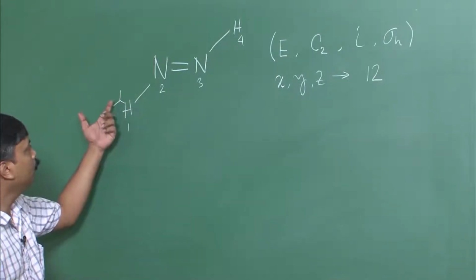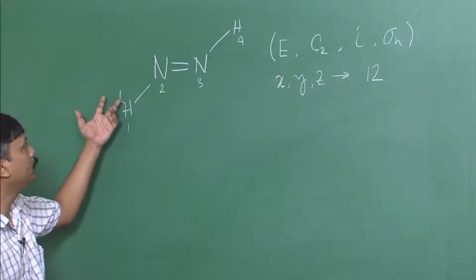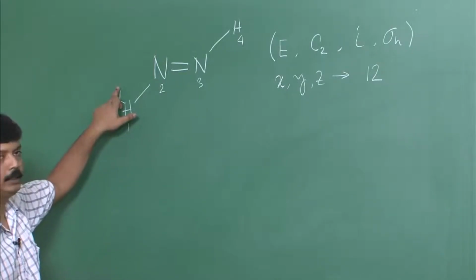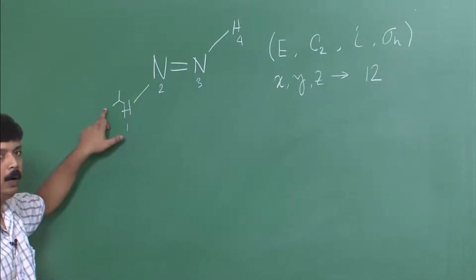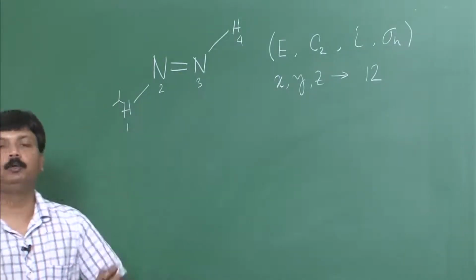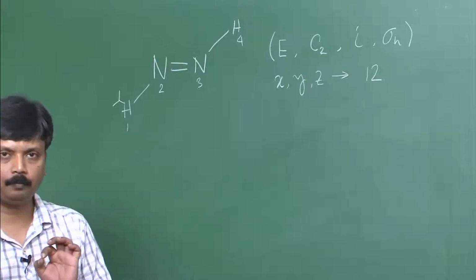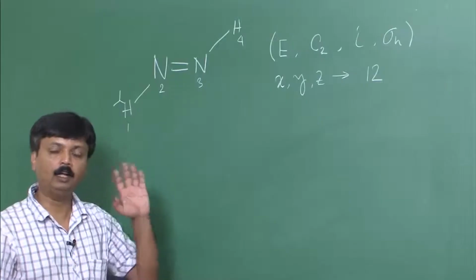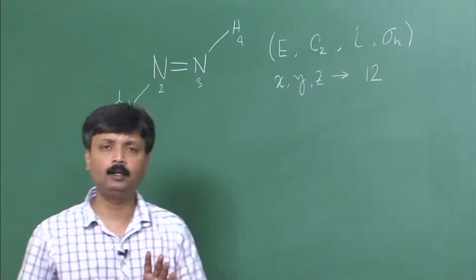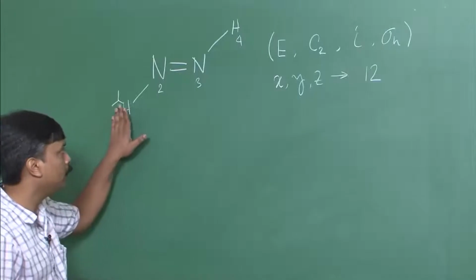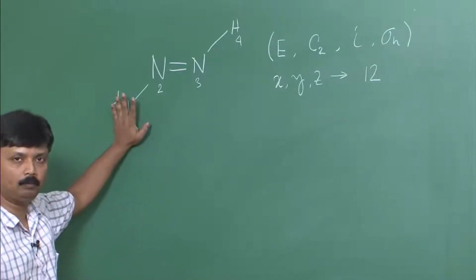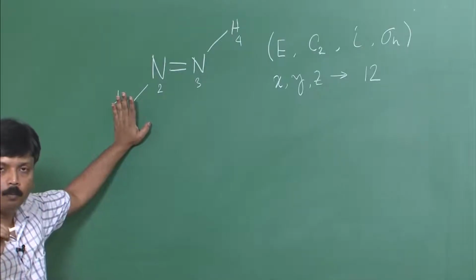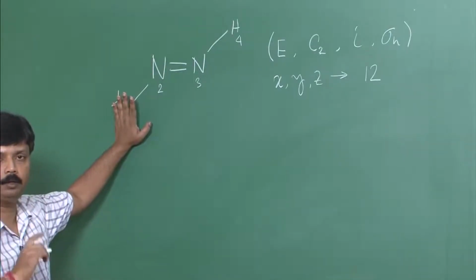The same thing applies to these basis functions as well. So all 3 basis functions, x1, y1 and z1, will each contribute 0 to the overall character. In case the atom is not shifted, the atom remains there, then any basis function on that atom will contribute 1 to the diagonal.